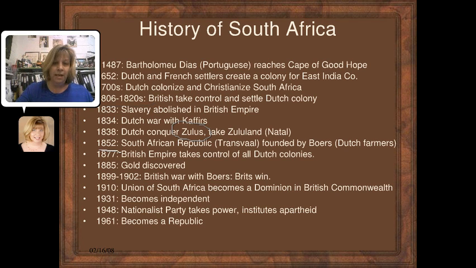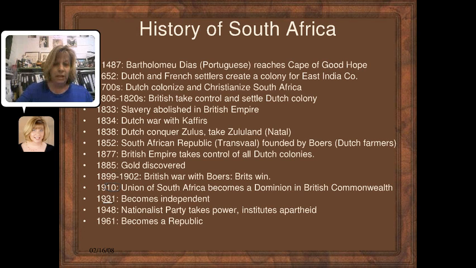About the middle of the 1800s, we had the foundation of the South African Republic, which was mainly the Boers, who were the Dutch farmers who had been in charge and living there for a good long time now. As I mentioned earlier, 1885 is when gold was discovered, and this led to a war between the British to gain control over this, and the British actually won. In 1910 is when we first see the establishment of the Union of South Africa, and it became part of the Dominion, part of the British Commonwealth.